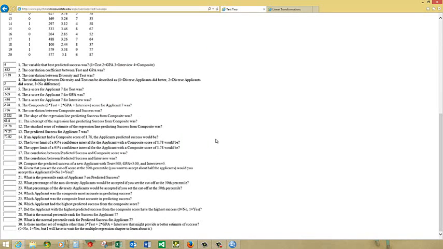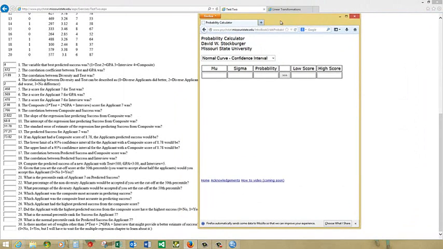Okay, the lower limit of a 95% confidence interval. So this is our predicted value. Now let's go to our probability calculator.